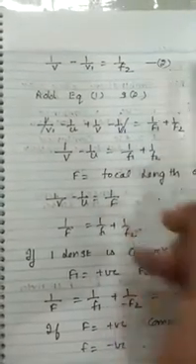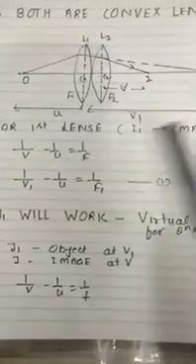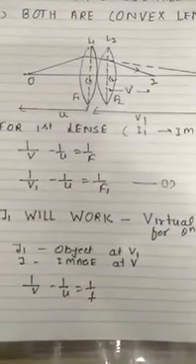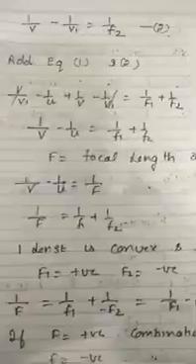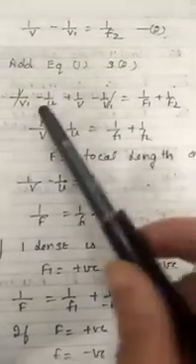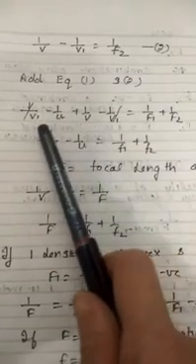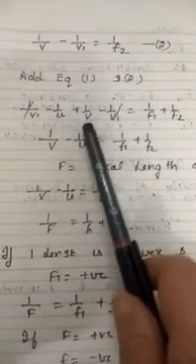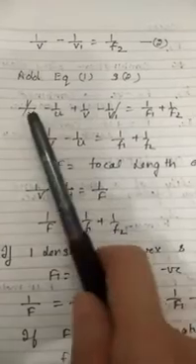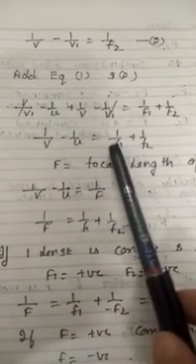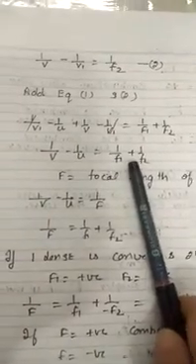This equation is 2 and this equation is 1. Now we will add both equations 1 and 2 and we get 1 upon V1 minus 1 upon U from the first equation, and this from the second equation. So these both will cancel with each other. So 1 upon V minus 1 upon U is equal to 1 upon F1 plus 1 upon F2.